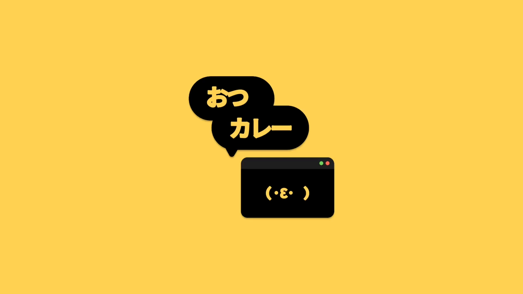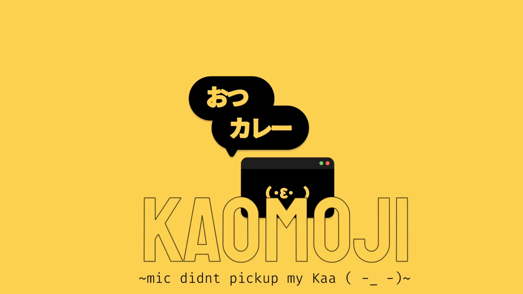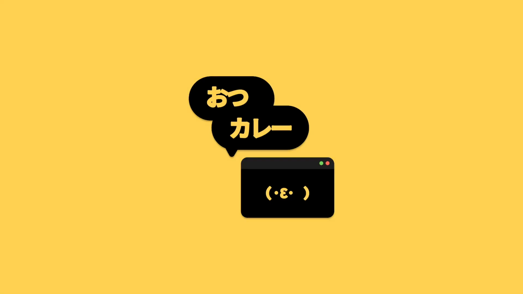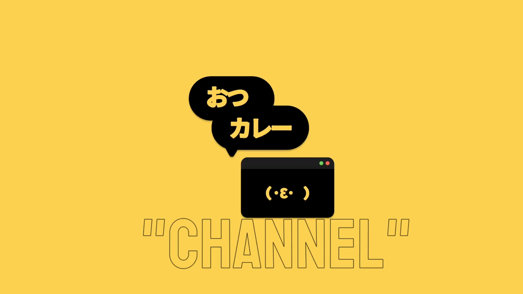As you can see on the screen, there's a small little icon, a little character. These are called emoticons in Japanese, like text emojis, right? And this is going to be the mascot of the channel. I did air quotes, you can't see them.